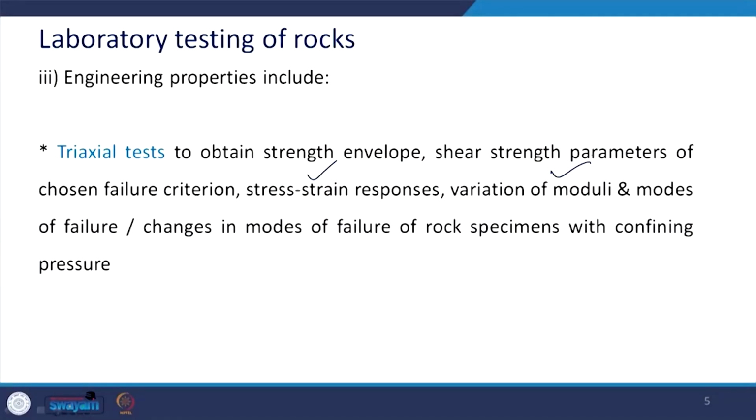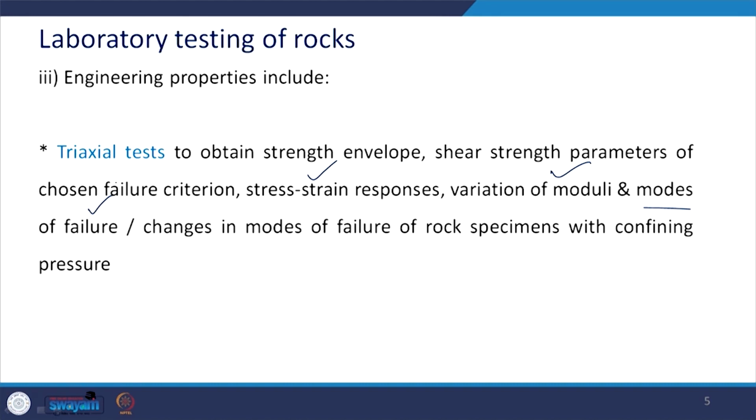Then along with the strength characteristic, it gives me the stress strain response, variation of moduli, what are the various modes of failure, very important, and what are the changes which happen in the modes of failure with the confining pressure.